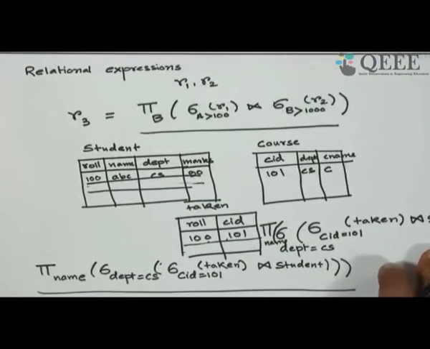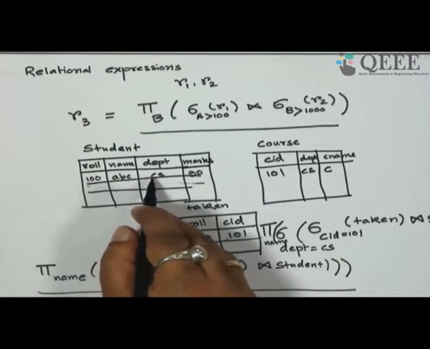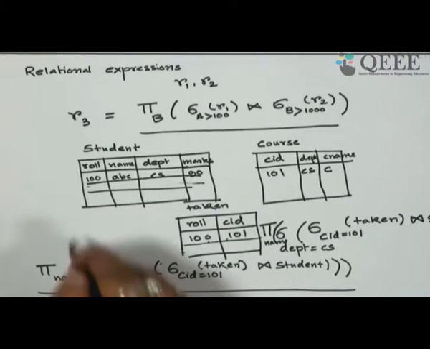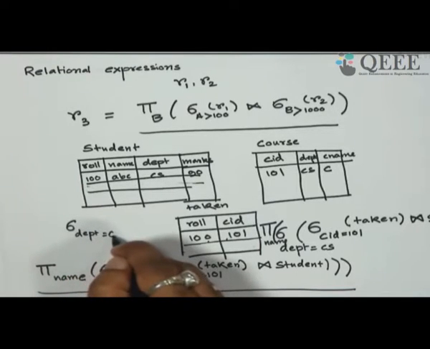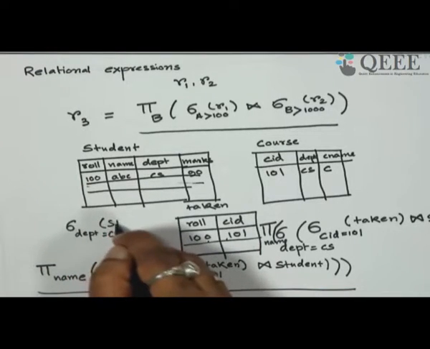One thing to be noted is that this expression is not unique. You could have written it in another way also. For example, I could have initially found all the CS students from the student table.